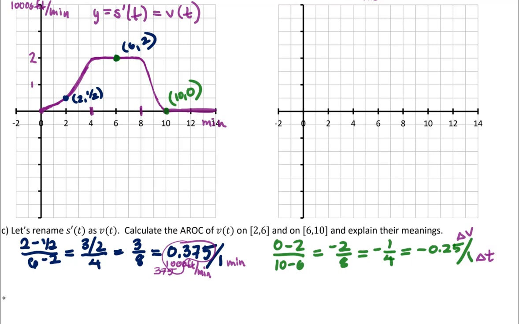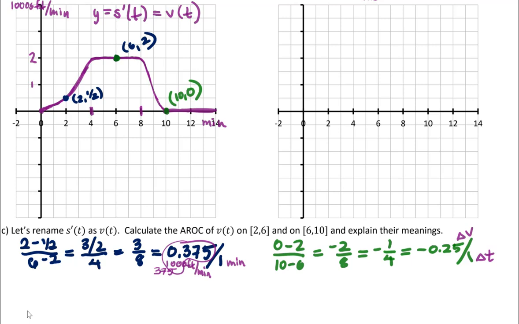So again, the units of velocity already have a per minute in it. So this is feet per minute each minute. So from minute 2 to minute 3, we expect the velocity to go up by approximately 375 feet per minute. And from minute 3 to minute 4, we expect the velocity to go up by approximately 375 feet per minute, and so on.